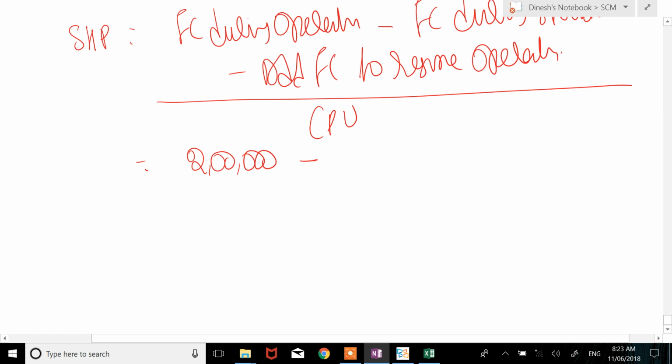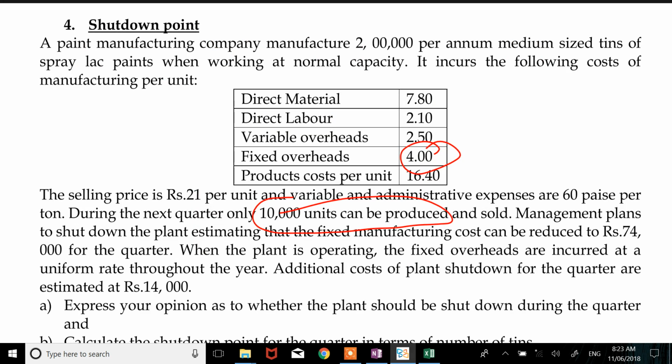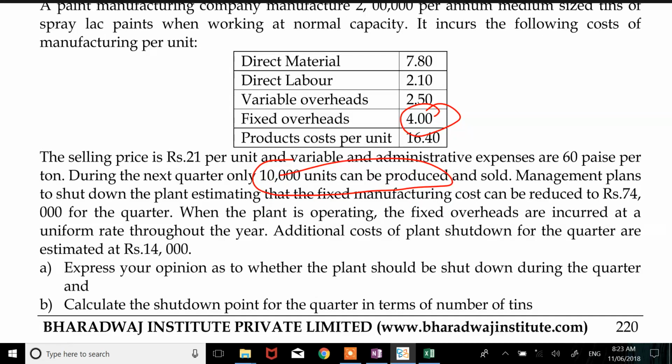minus, when you continue running the operation, when you shut it down, how much do you incur? 74,000 for the quarter. Our calculation is for the quarter because of this.